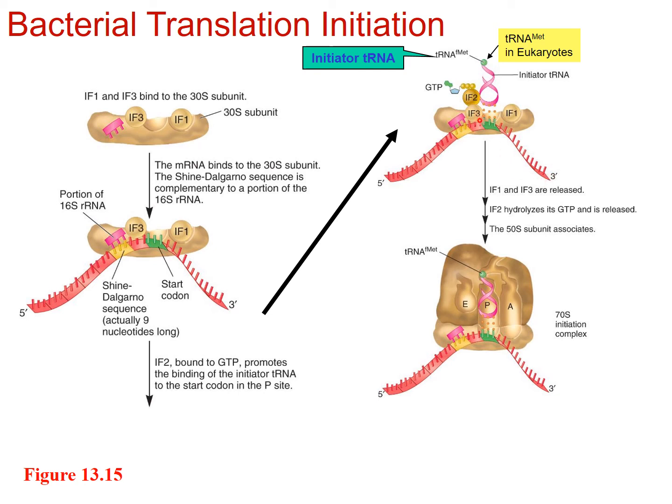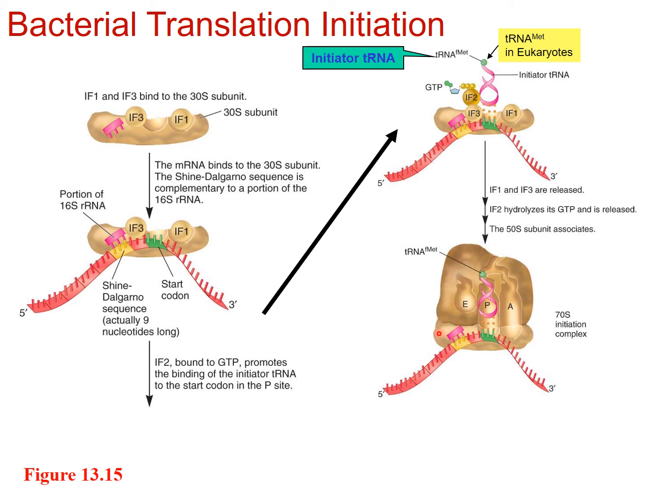Okay, so we're pretty far along in initiation here. IF1 and 3 are released. IF2 hydrolyzes GTP and gets released, and then the 50S subunit associates with this.